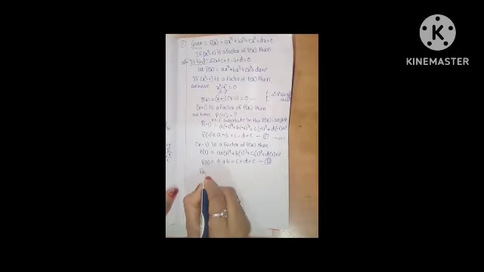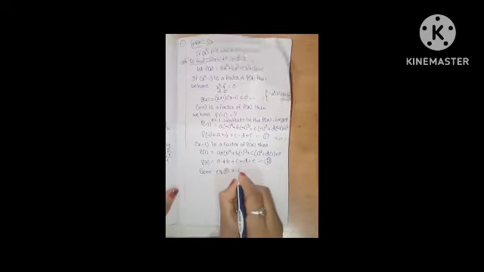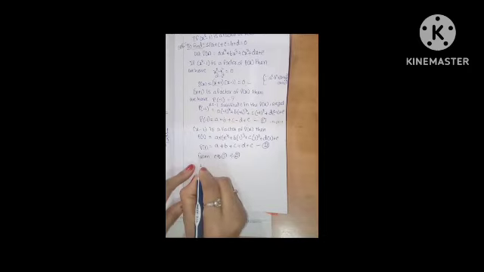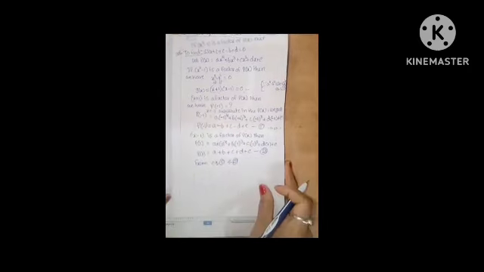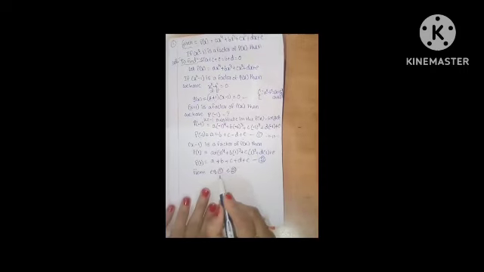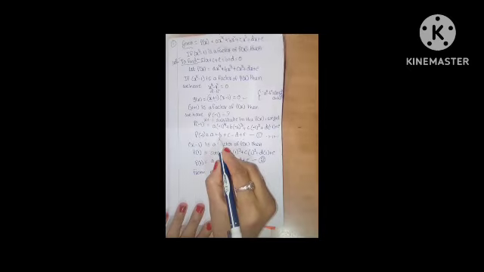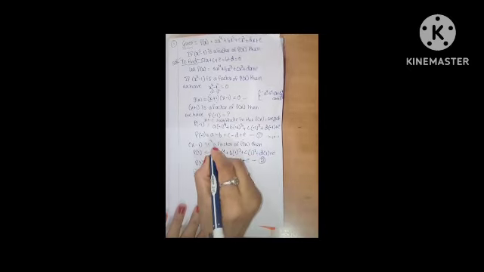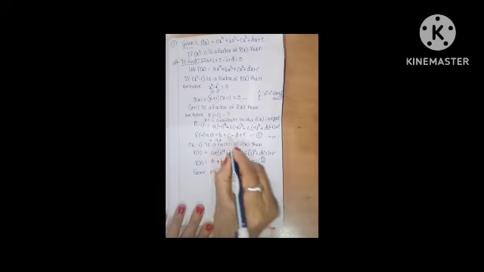From equation number 1 and 2. So first, what's equation 1? This one only. And one more step, you write it here. What's the a plus c plus terms only.